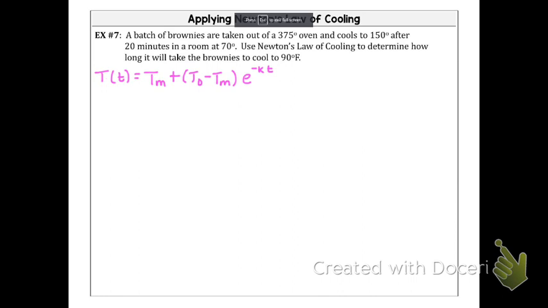Looking at what they gave me, I know that they're being taken out of a 375-degree oven. So when those brownies come out, they're 375 degrees. That's my initial temperature.